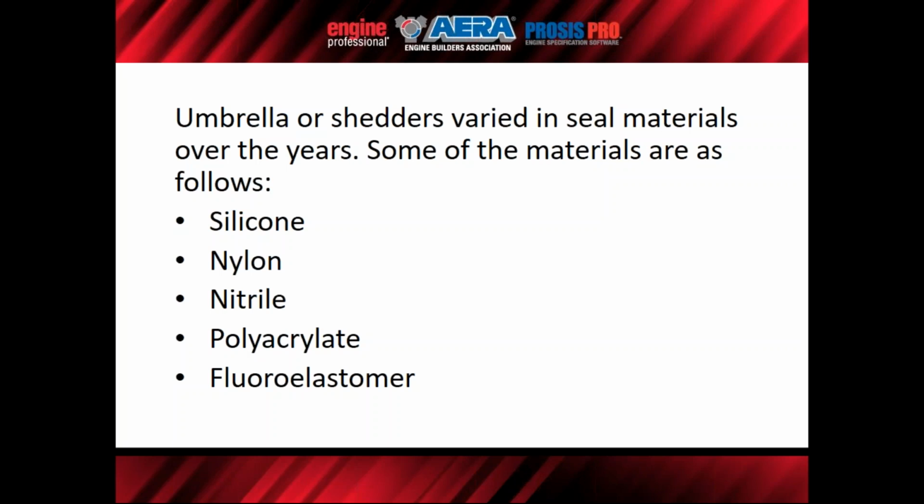Nylon: the nylon ones were the ones that actually kind of snapped, a good example being the early 466 International, which had a nylon one. Some of the old Cadillacs had a thing that popped into the valve retainer. Nitrile, polyacrylate: some of those seal materials were even used for crankshaft seals. And more commonly now are the fluoroelastomers.